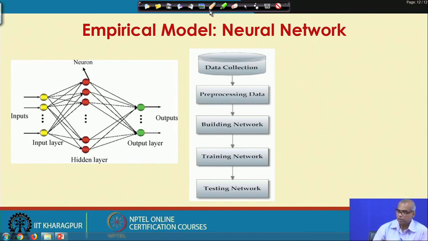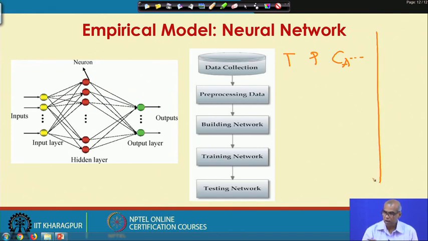Let us say you have a chemical reactor where I have data for various temperature, pressure, concentration of species, etc. And then I have, let us say, the yield, the outlet concentration of the product, etc.